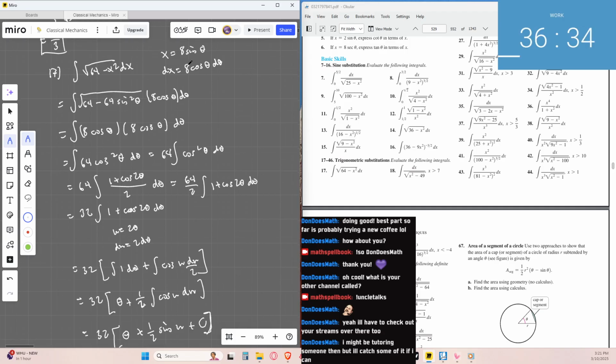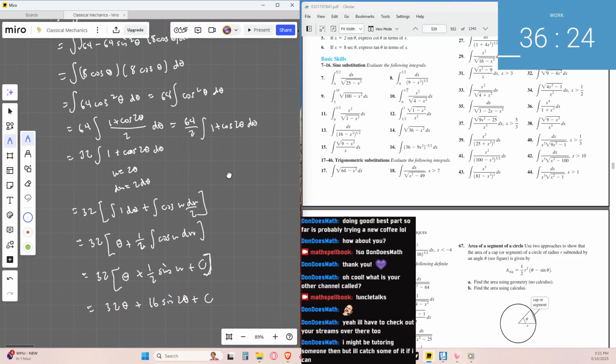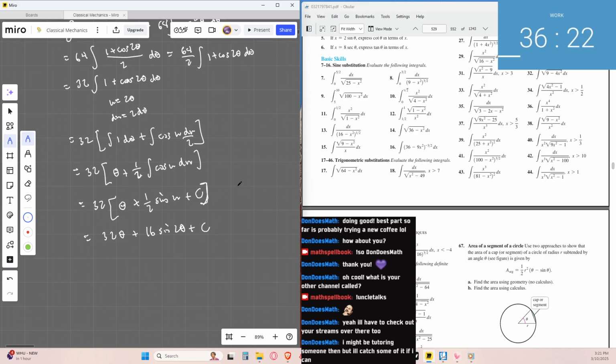Let's see, we have x is equal to 8 sine of theta. So, do we have to convert it back to x? I think we do. Yeah, because it started out as x, so it doesn't make sense to keep it in its theta form.